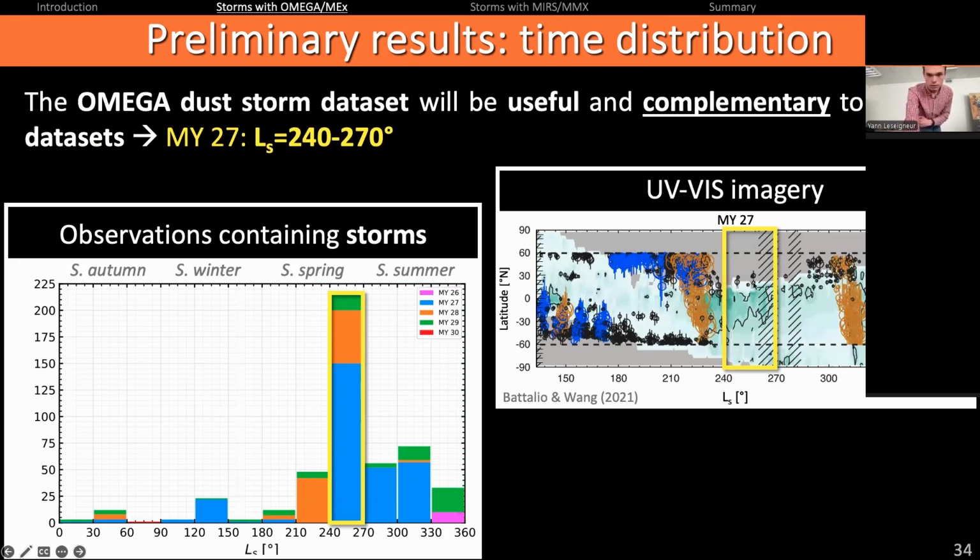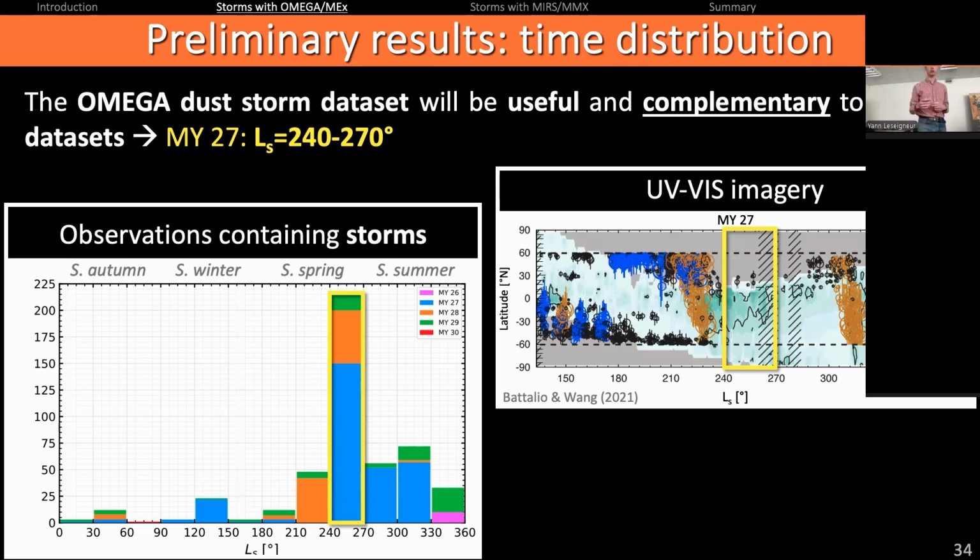On UV visible imagery, we do not have observations. By discussing with colleagues that produced the imagery catalog, we found some storms that have not been detected by the other catalog.